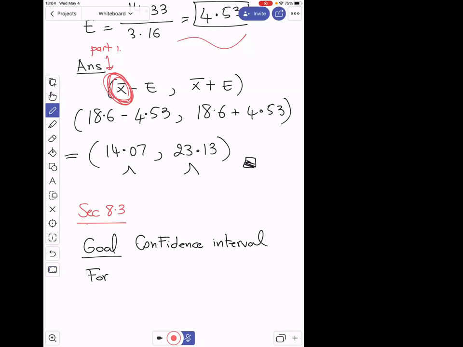In 8.3, we're going to find the confidence interval for the probability of success P in a binomial distribution.